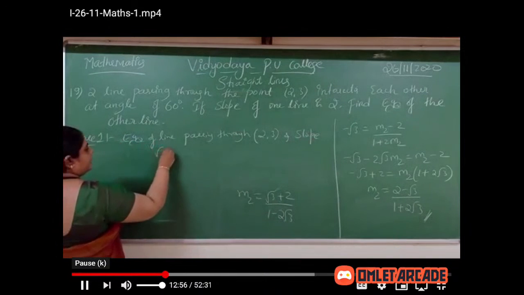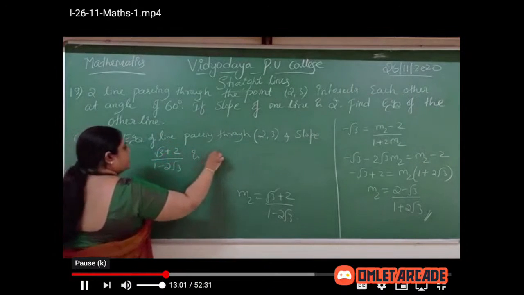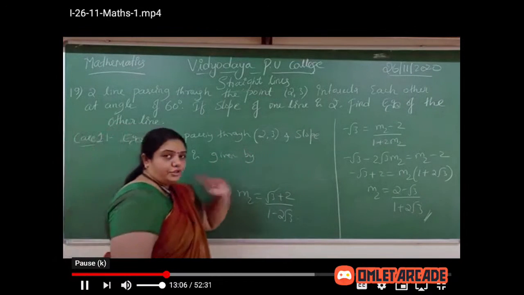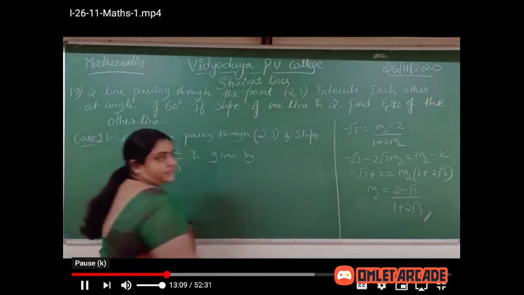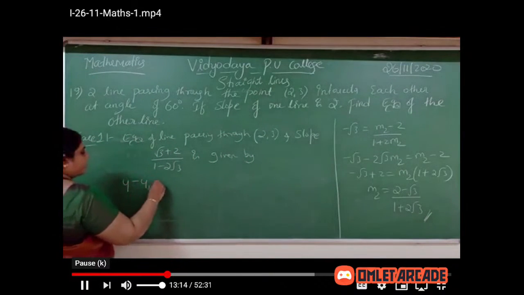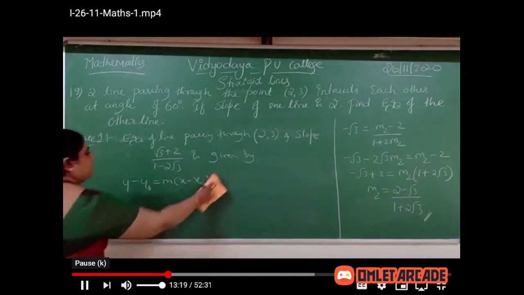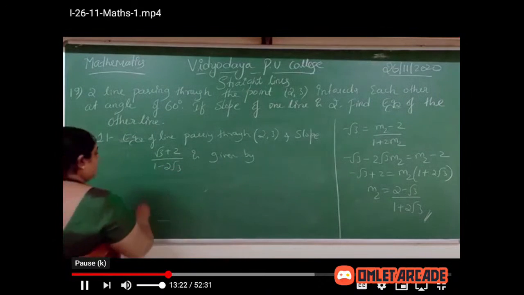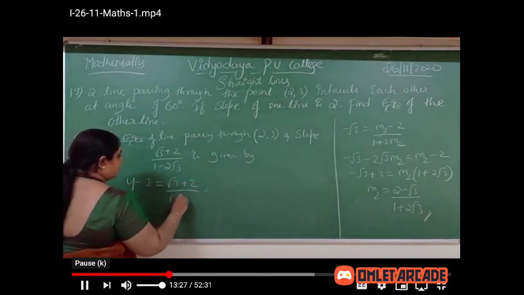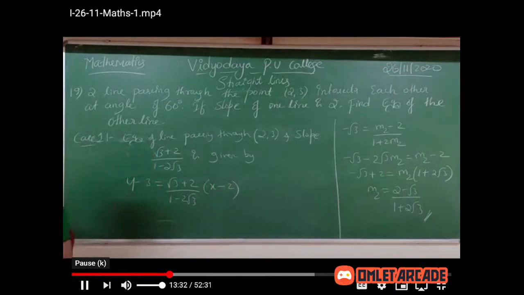The slope is root 3 plus 2 divided by 1 minus 2 root 3, I am using this as the slope for case 1. Similarly, I have to use this as the slope for case 2. Remember. So it's given by y minus y naught is equal to m into x minus x naught. This is the formula, isn't it? Let me directly substitute it. y minus 3 is equal to m, which is root 3 plus 2 divided by 1 minus 2 root 3, into x minus 2.